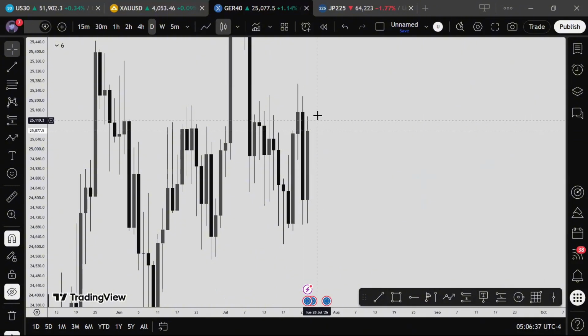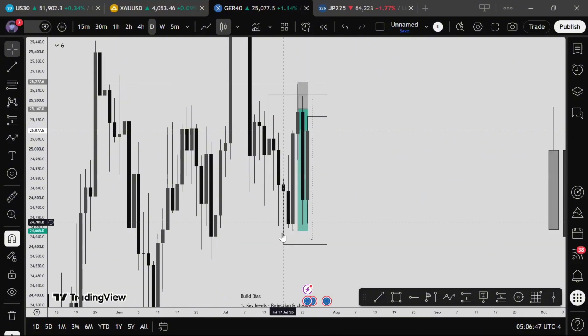So we should be expecting that price will come here, give us some kind of reaction, and sell till this low, right? That will be an expectation, because from here to here is the weekly range.